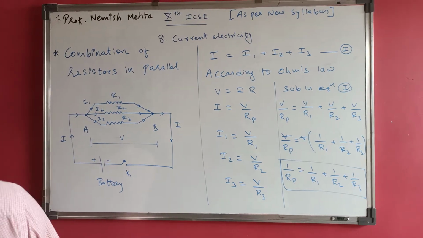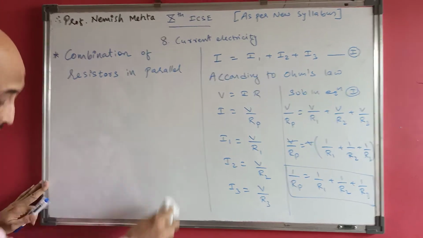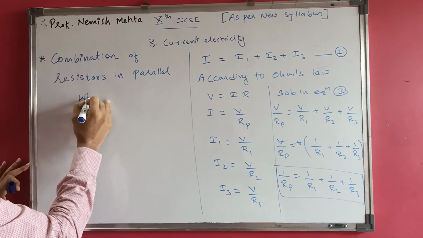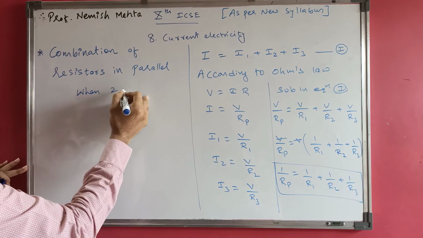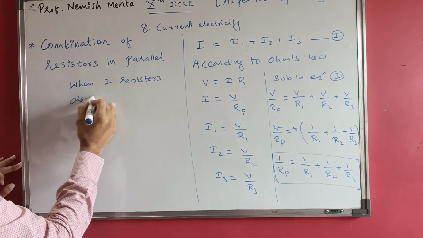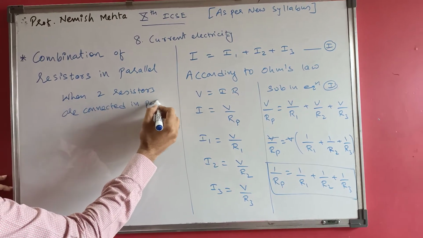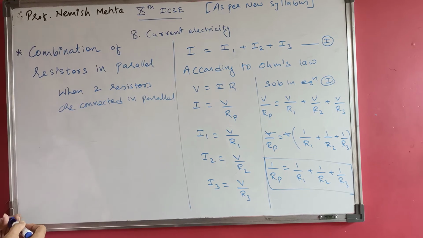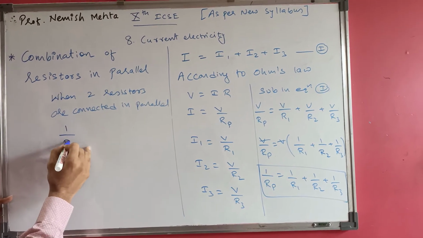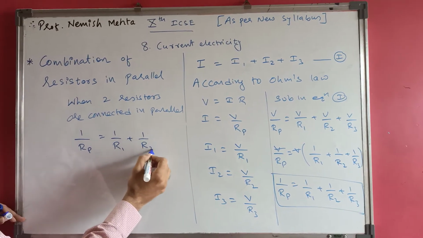One more thing, if there are two resistances in parallel, only two, let us consider two resistances in parallel. When two resistances are connected in parallel, 1 upon Rp is equal to 1 upon R1 plus 1 upon R2.